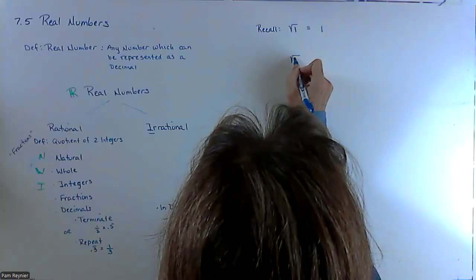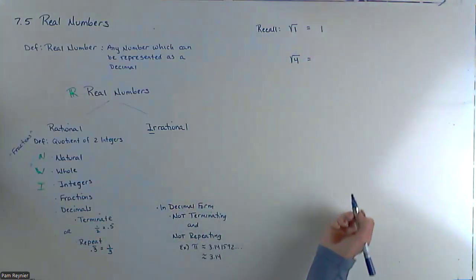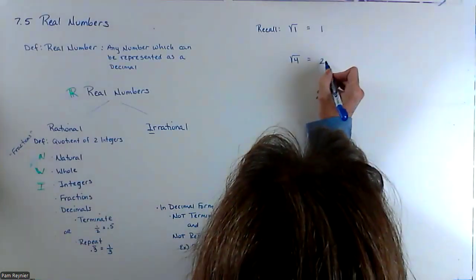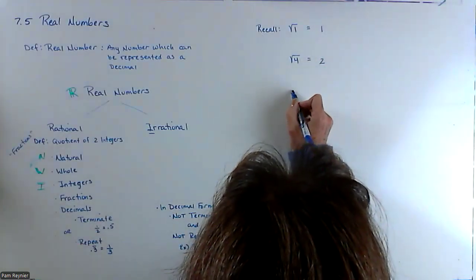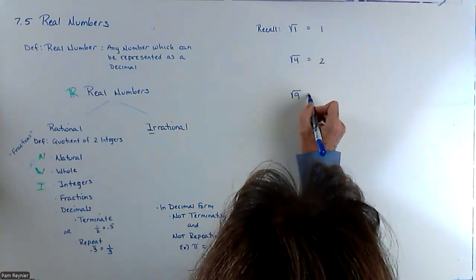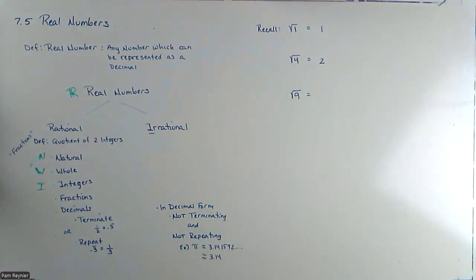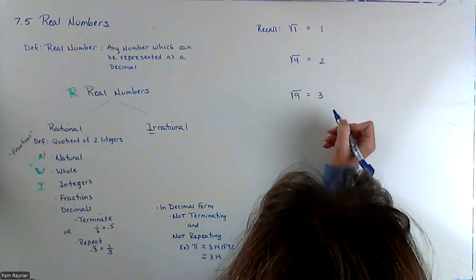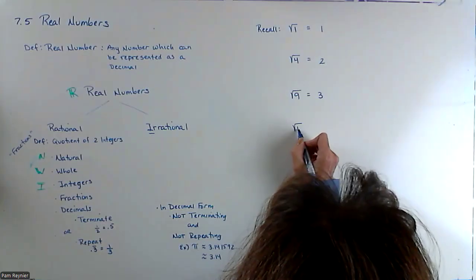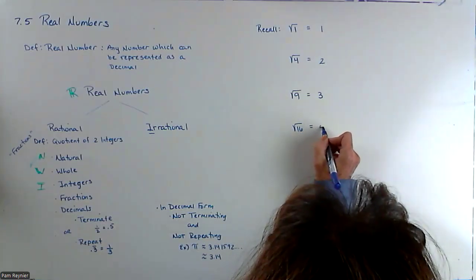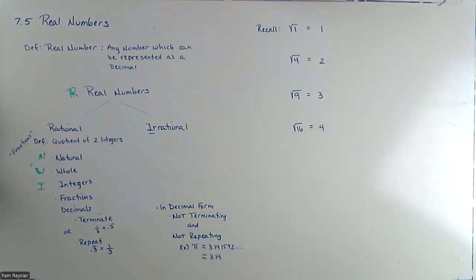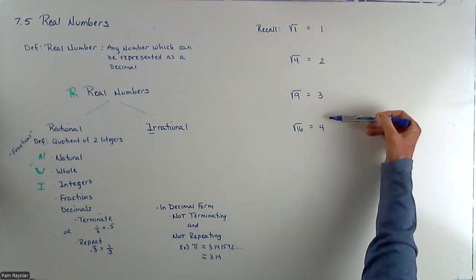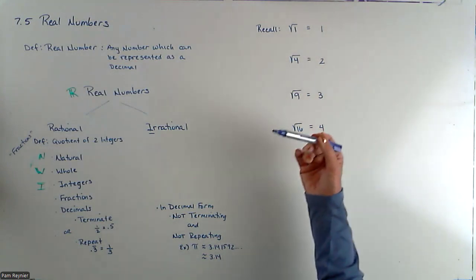If I give you the square root of 4, what number times itself will give you 4? It's number 2. If I keep going, the next perfect square is 9, because the square root of 9 is 3 times 3, so the square root of 9 is 3. The next perfect square is 16, because the square root of 16 is 4.